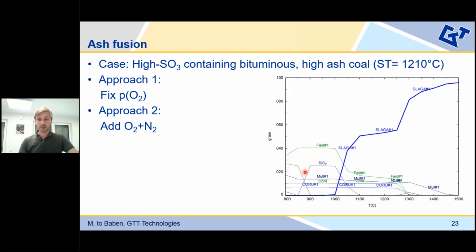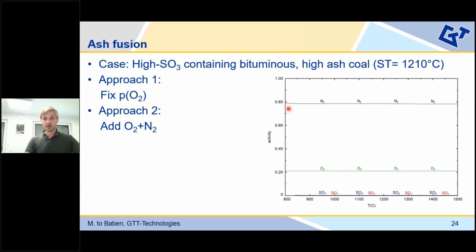In this case, we have only solid phases up to 1000 degrees C. There we have the initial melting of the first phases. And actually, we don't see the gas phase at all in this diagram because we have in total 10 moles of oxygen and nitrogen as input. So therefore, the amount of gas phases is way above this y-axis scale.